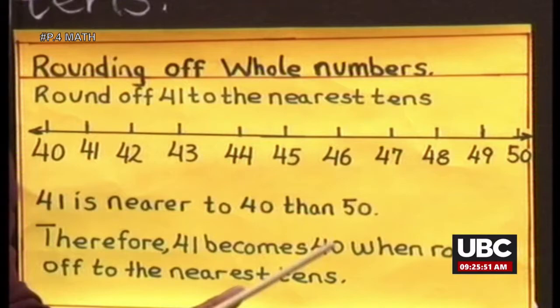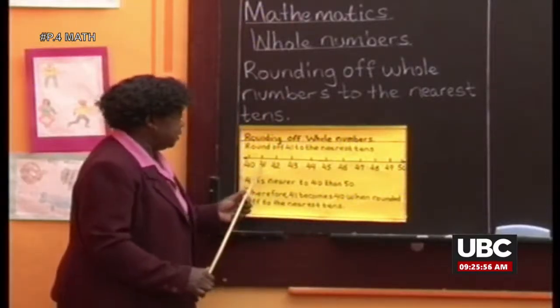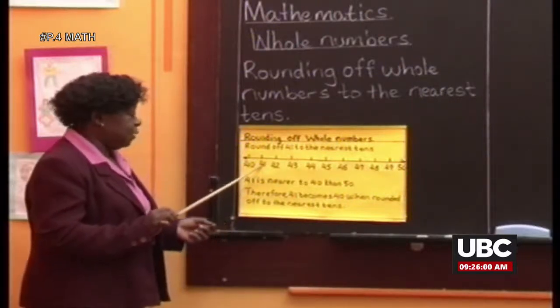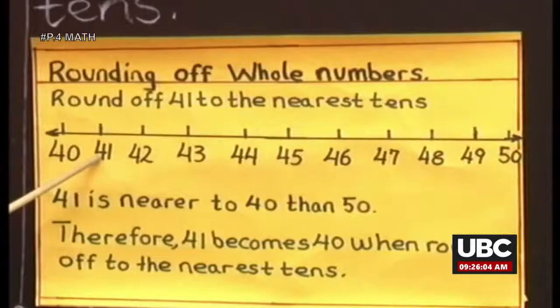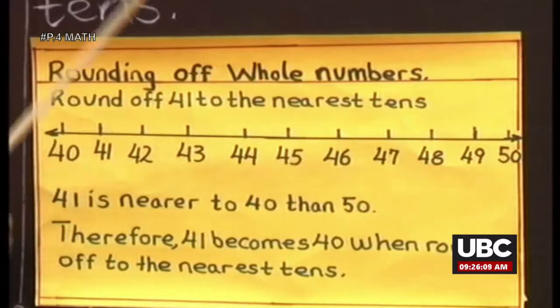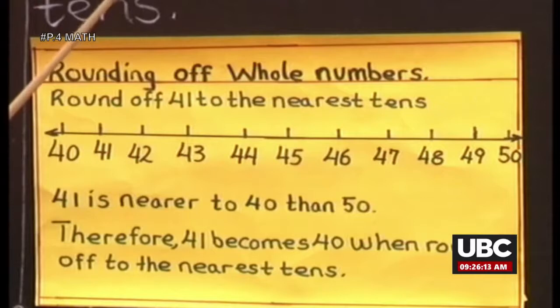Supposing you are moving from home and your home is in this spot here around 41. I'm giving an example. I'm saying supposing you are around 41 and you are going towards 50.